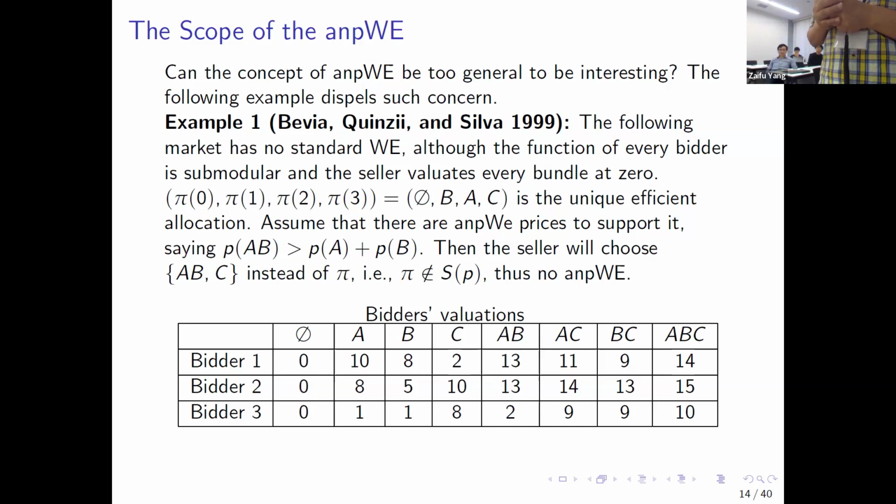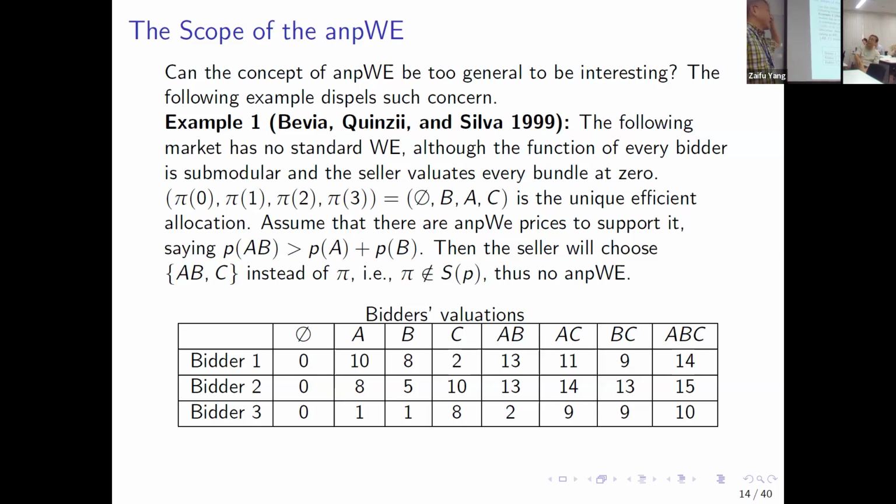This is not the quasi-linear model. In the quasi-linear case there's no difference between gross and net, because there's no income effect. Here I just claim that this function is submodular, but it's not the substitute. Submodular is somewhat different from substitute.